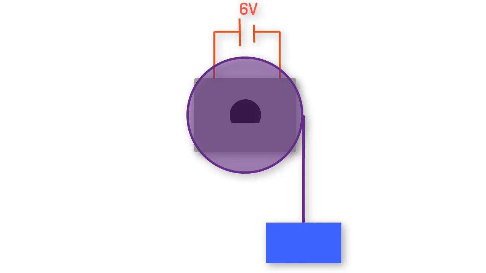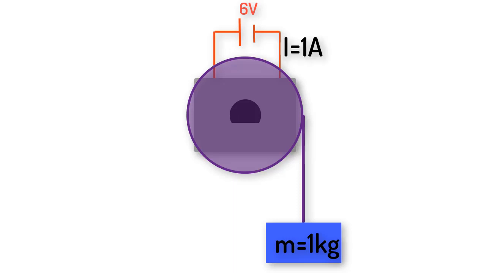So, back to our motor trying to lift the weight on the pulley. The heavier the weight is, the more current the motor will try to pull out of the power supply because torque is linearly related to current. For example, suppose I placed a 1 kilogram mass here and let the motor pull it up.